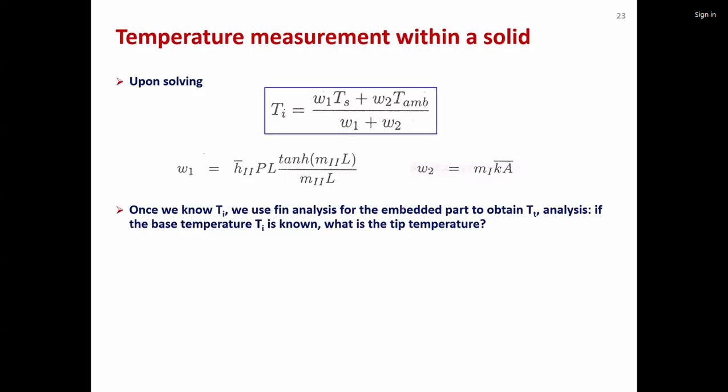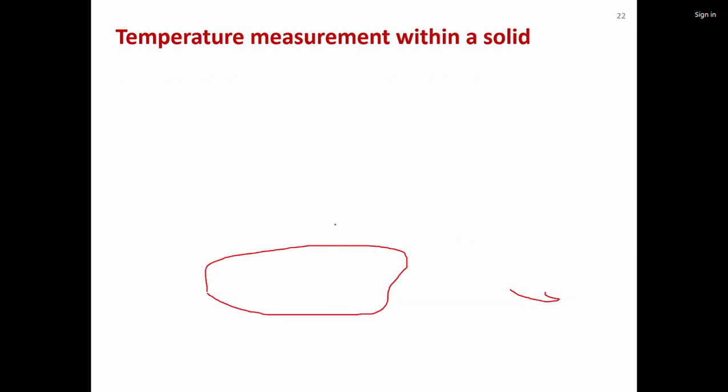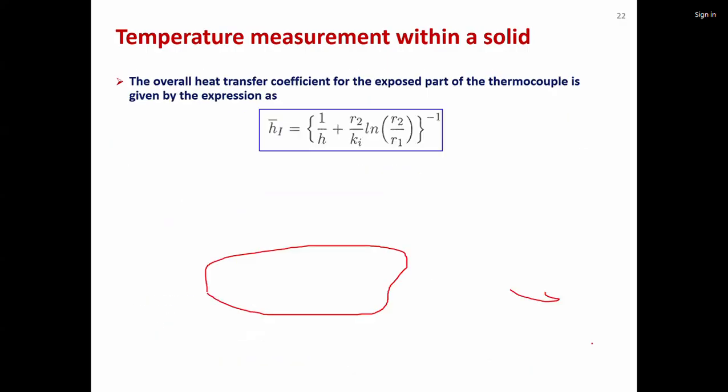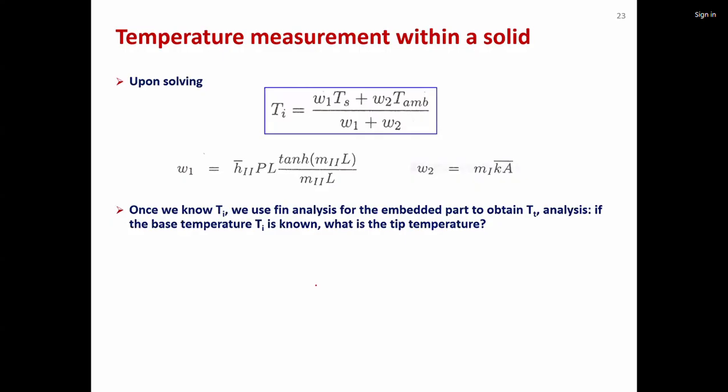Once you know Ti, that means the temperature here, you can use finite fin analysis. This is equivalent to fin heat transfer analysis, where Ti is the base temperature of a fin and you are trying to predict the tip temperature, knowing all other parameters. That formula is also available in a heat transfer textbook.